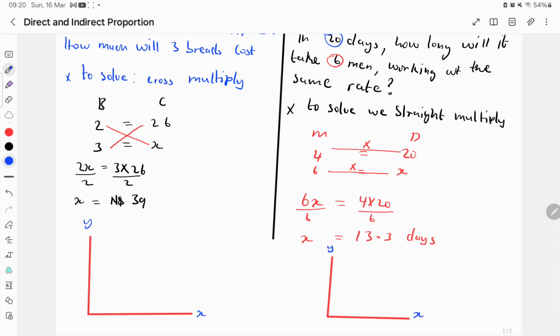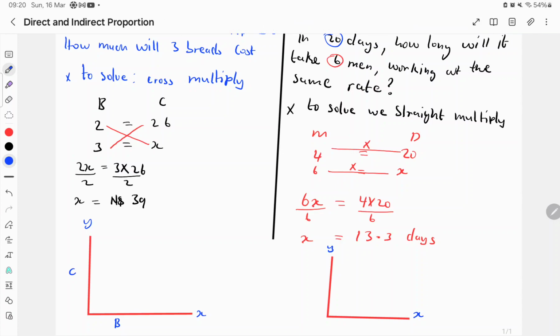Now let's say the cost depends on the bread. So the bread is on this side and the cost is on this side. Same story here.